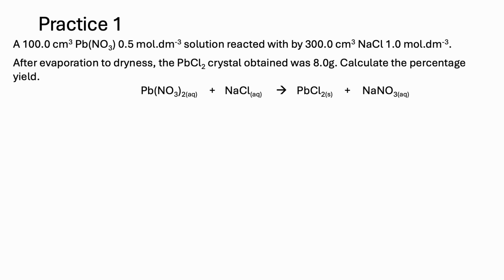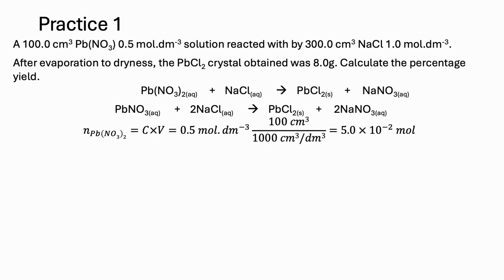Calculate the percentage yield. First, we calculate the moles of Pb(NO3)2 by multiplying the concentration and its volume.